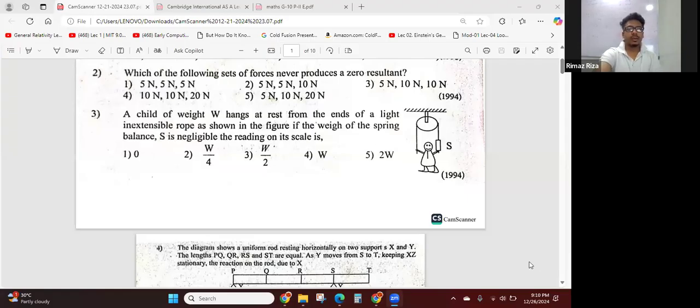Okay, so here the theory is if an object is in equilibrium under three forces. Each of the options has three forces. In the force equilibrium lesson, we studied that if an object is in equilibrium, then we can construct a triangle.